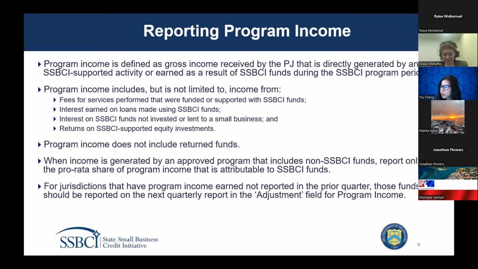And when income is generated by an approved program that includes non-SSBCI funds, jurisdictions should report only the pro rata share of the income that is attributable to SSBCI. For example, in a program that is comprised of 60% non-SSBCI sources and 40% SSBCI funds, the jurisdiction should only report 40%, which is the SSBCI generated amount, as program income on the quarterly report.